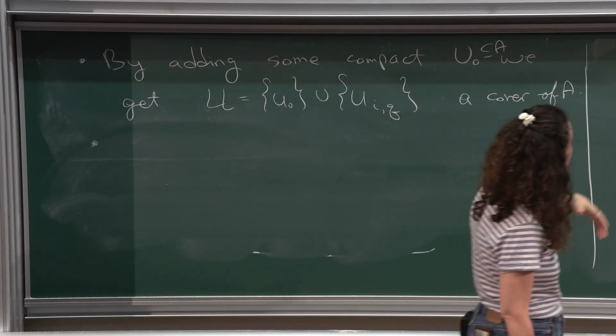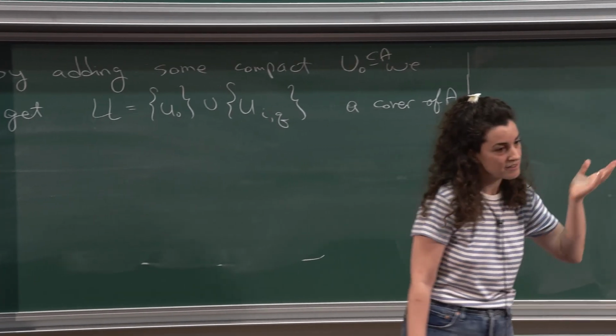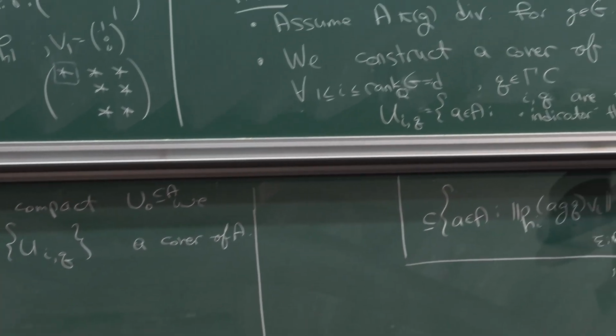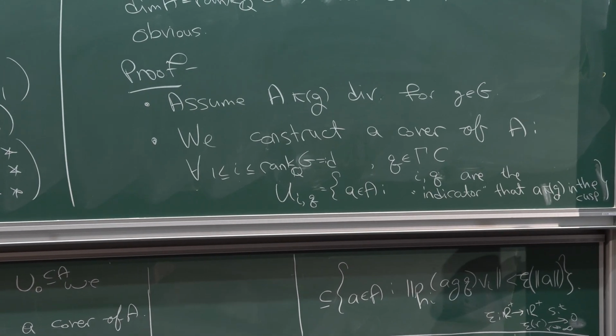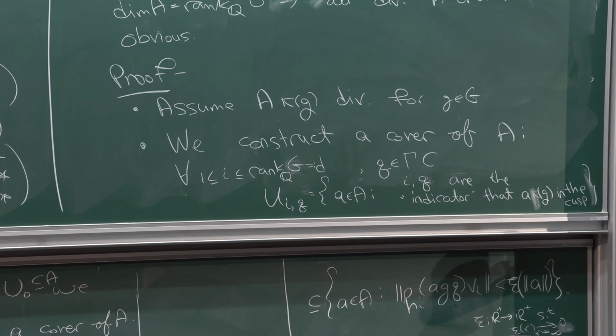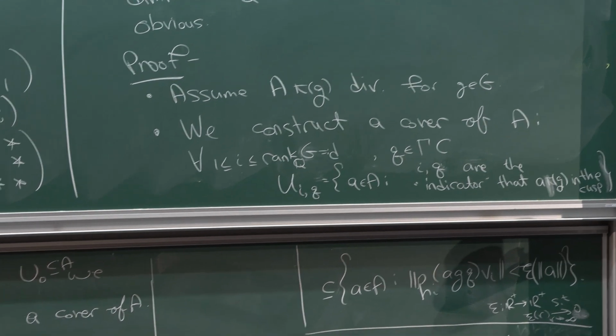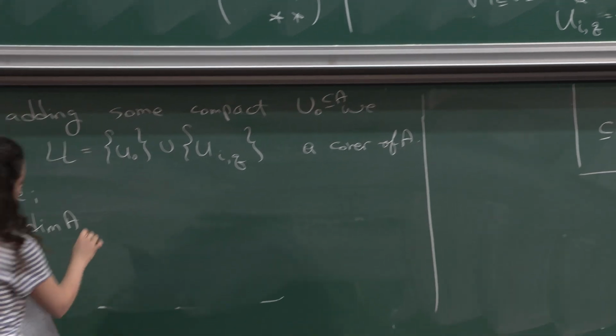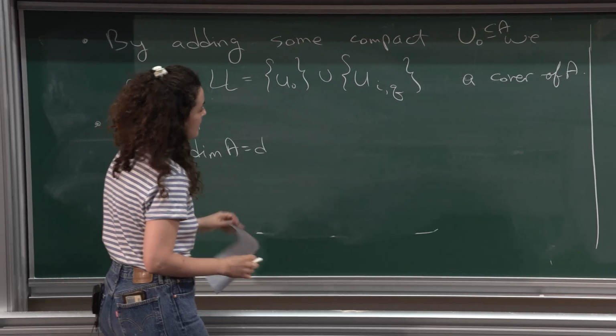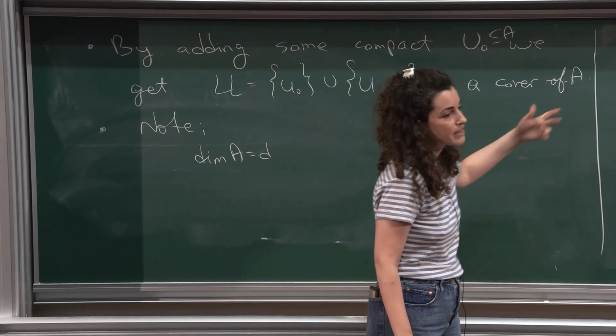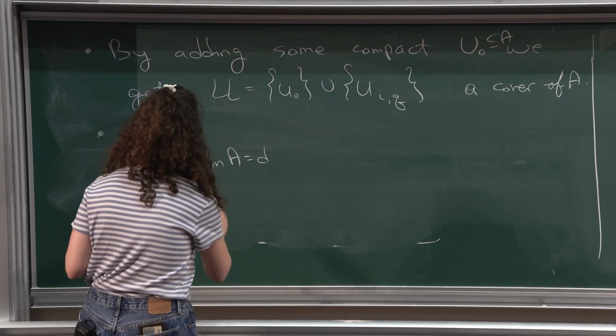So one thing we can see is that the dimension of A is exactly the Q-rank. The dimension of the space we are covering is this d. And so instead of thinking about this as a cover of A, we can think about it as a cover of R^d.